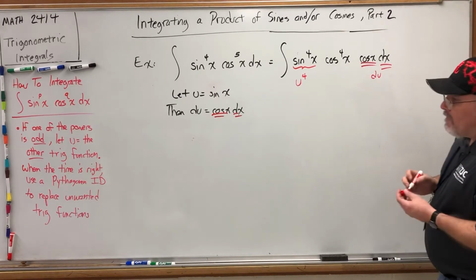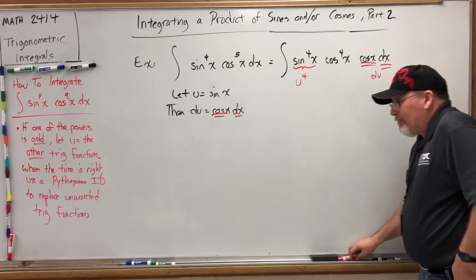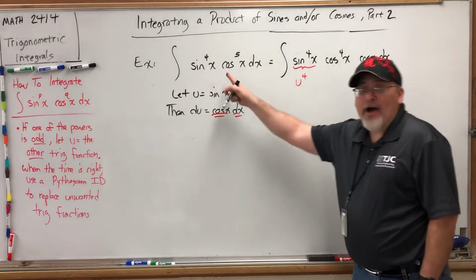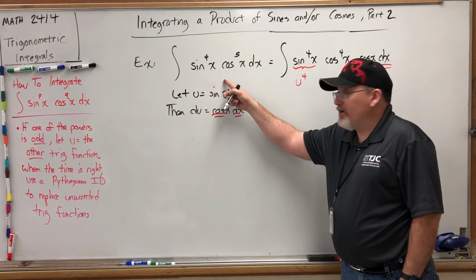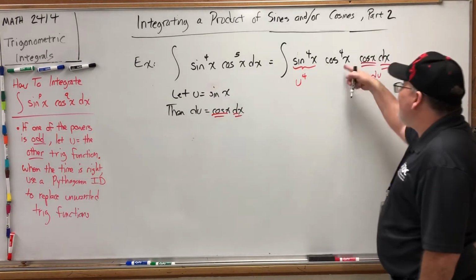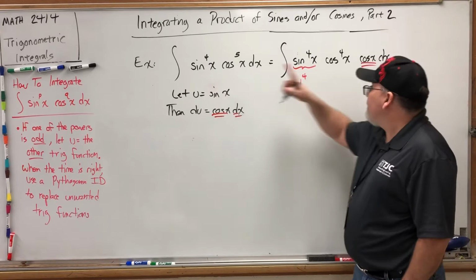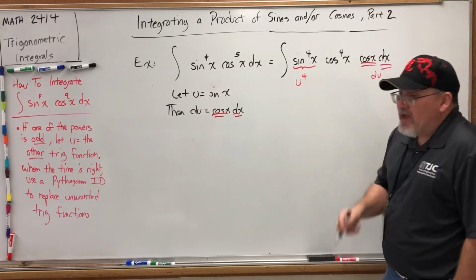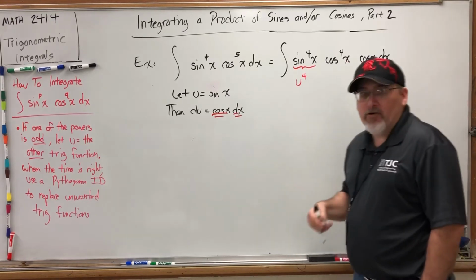Now, how do I know this is going to be able to work? Easy. This guy used to have an odd power. That's why I wanted to borrow one of his to make it even. Borrow one of his to make the du package for this substitution. And being an even power, every even power can be written as a power of a square.